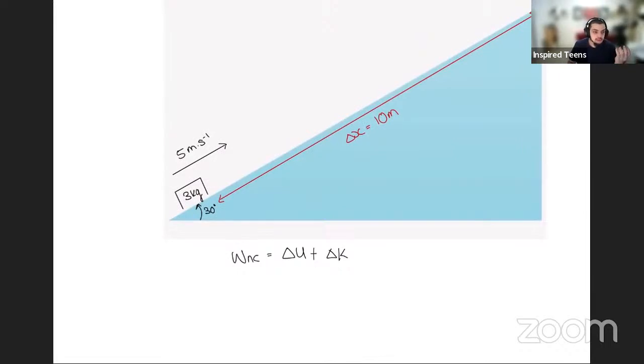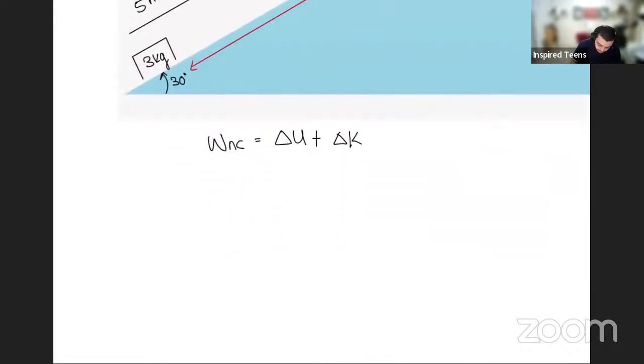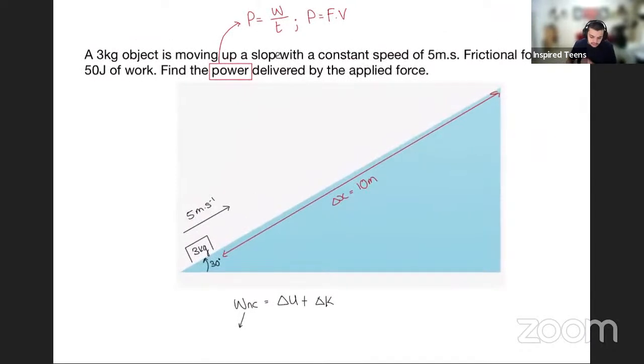Now for W_NC, we have to consider all the non-conservative forces acting on this object as it moves up the slope. Remember, the only conservative force we work with is gravity, so everything else would be a non-conservative force.